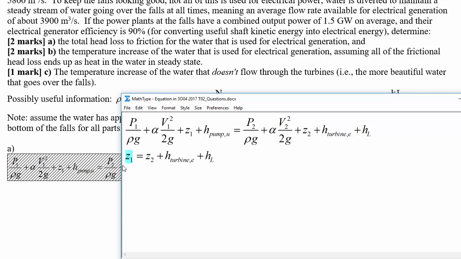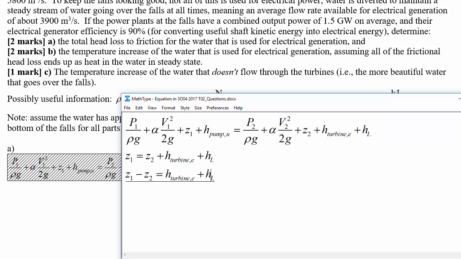So the higher height, let's say at the start of the falls, has to be responsible for the head loss that happened because we put work into turbines and the head loss that happened from frictional factors. So maybe let's rearrange this. Z1 minus Z2 is equal to the rest of these quantities.